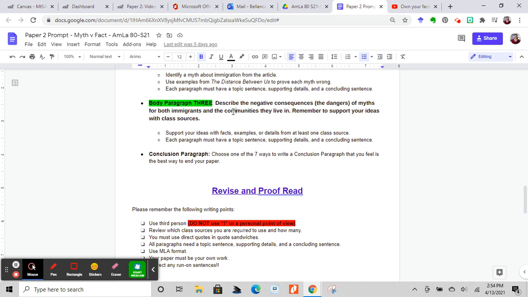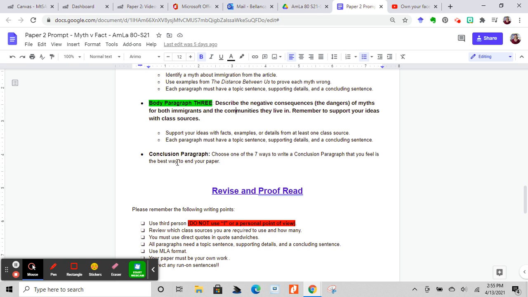So one of the requirements in each body paragraph is that you use quotes and examples from our class sources. So in this paragraph, make sure that you remember to do that. You can state your ideas, but make sure that you include some facts or examples from one of our class sources.